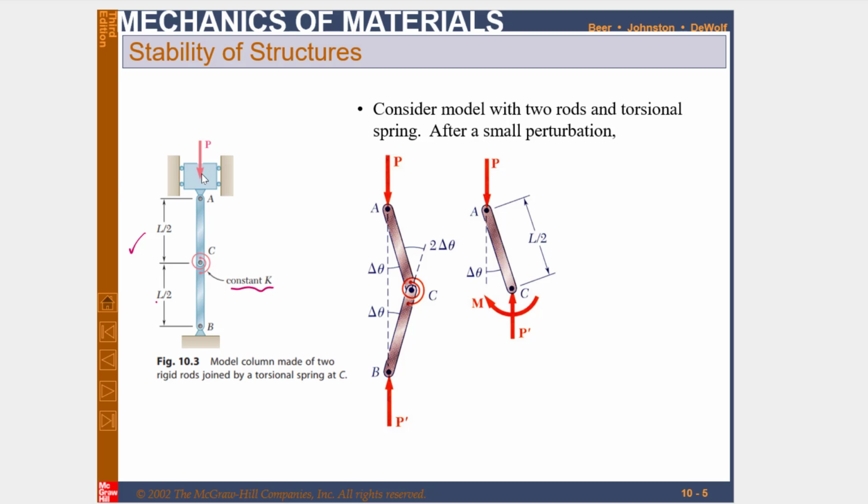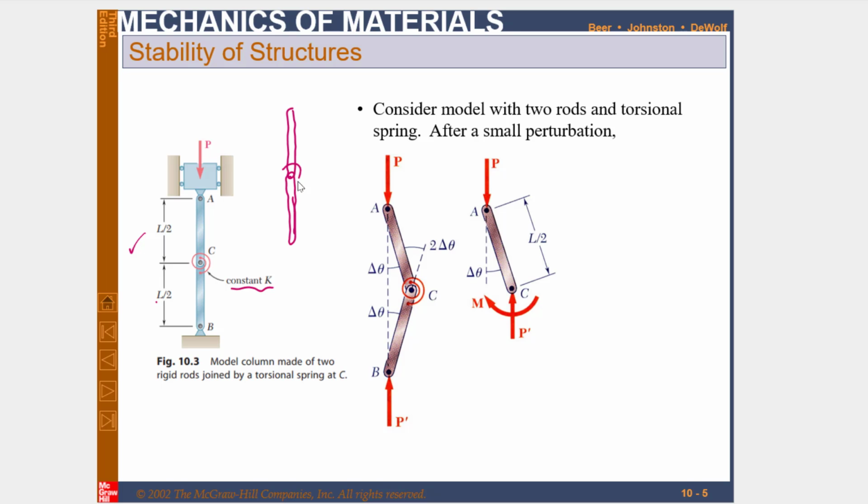So if I draw the free body diagram of this model of column made up of two rigid rods joined by a torsional spring, it will be like this. This is rod AC, and this will be rod BC. Clear?